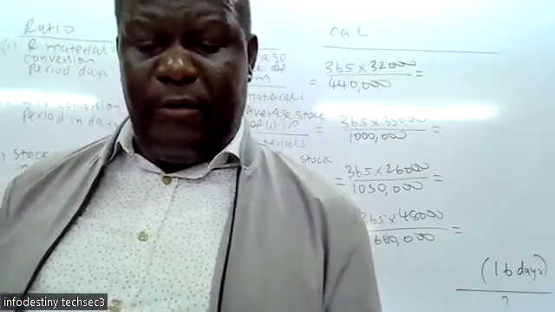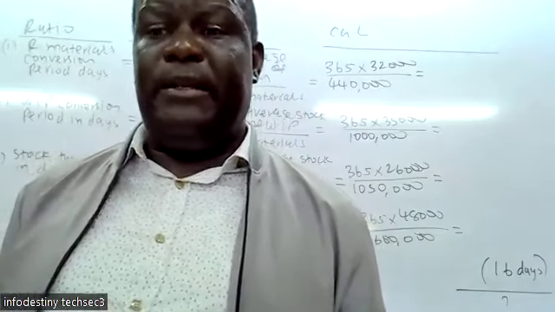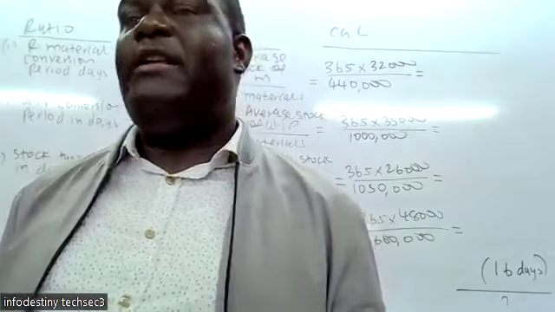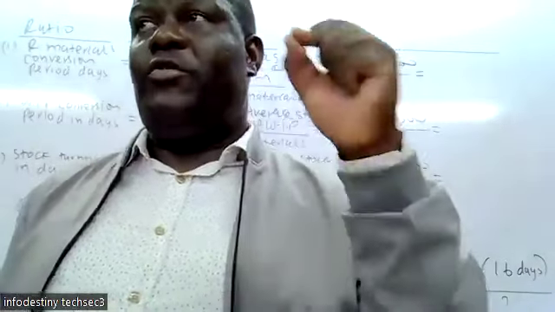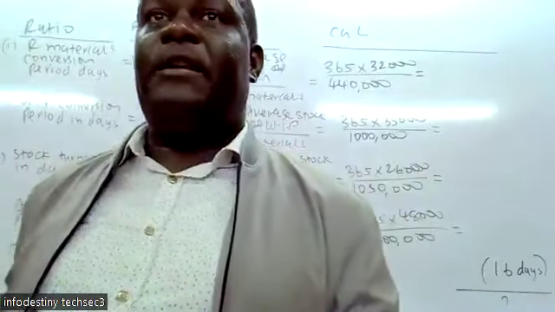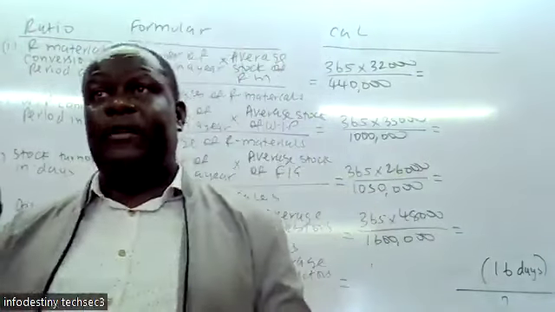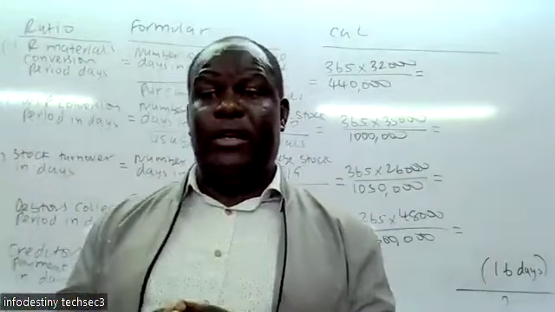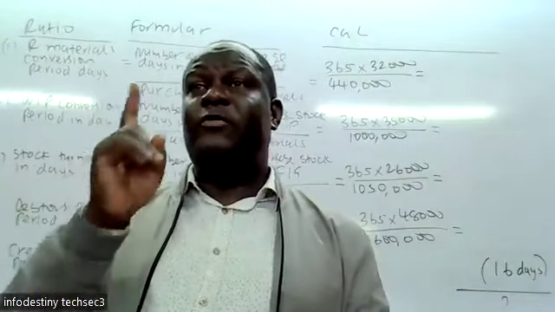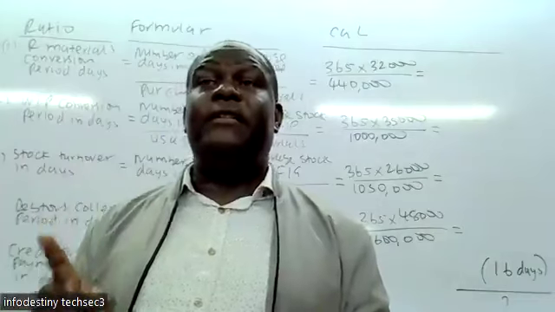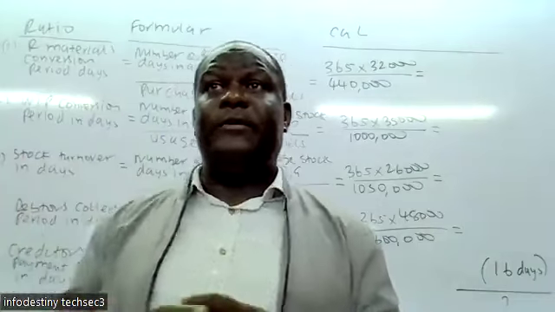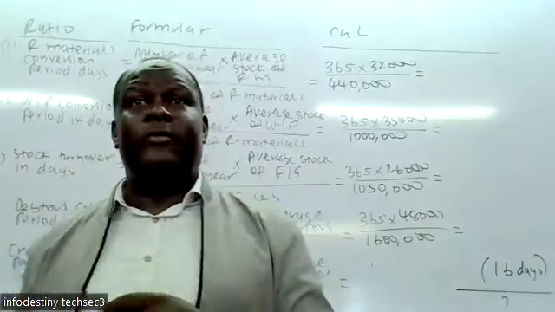So time value of money explains the reason why we require cash today rather than the same cash in the future. That's the concept of the time value of money. We need money today. The value of 1 shilling today is higher than the value of 1,000 tomorrow, because I don't know about tomorrow.